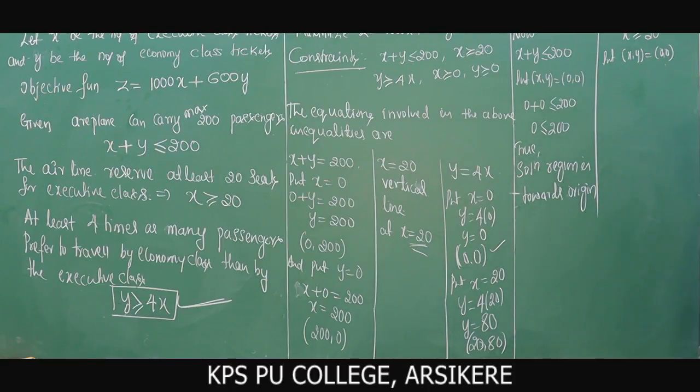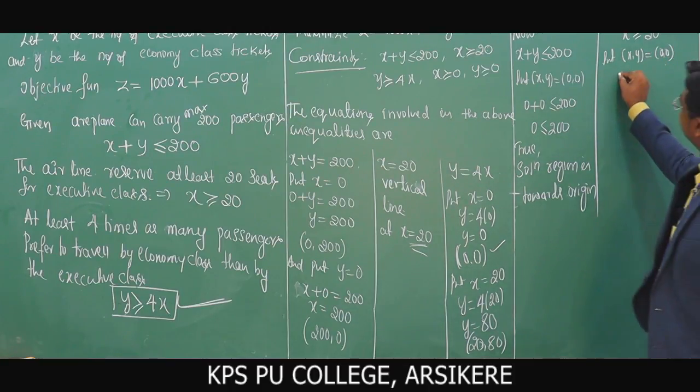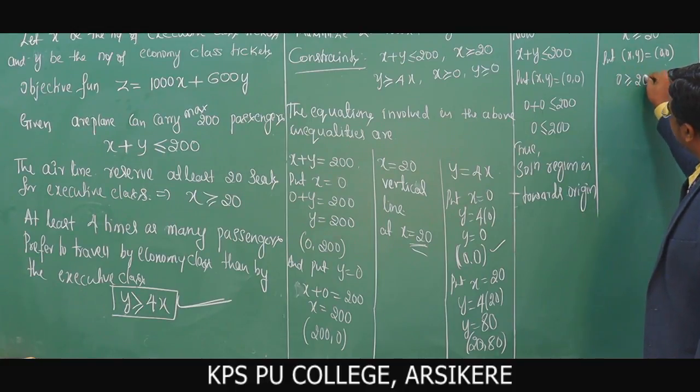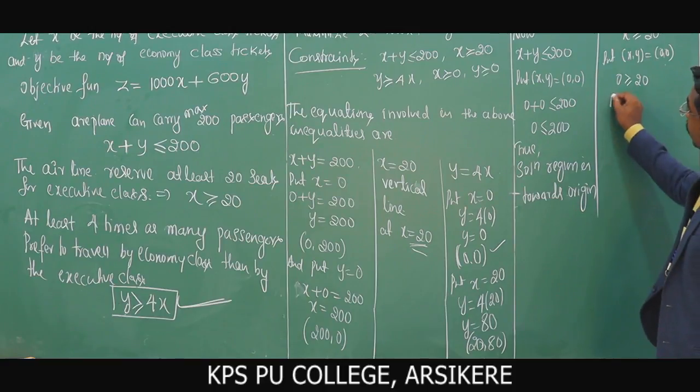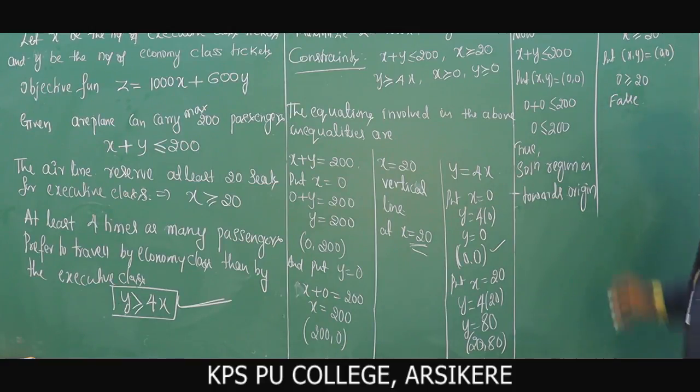Substitute both x is equal to 0 as well as y is equal to 0. This becomes 0 greater than equal to 20. It means it is false, because 0 is always less than 20, right?